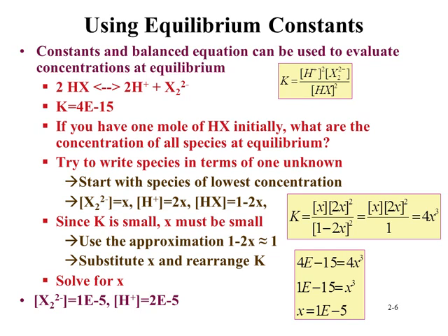So if we say that this dimer is equal to X, the proton concentration is twice the dimer concentration, and then the concentration of the starting compound is just equal to 1 mole minus 2 times X, because it takes twice the X, so I need to multiply the value of X. Well, since K is small, X must be small, and 1 minus 2x we're going to approximate with 1.